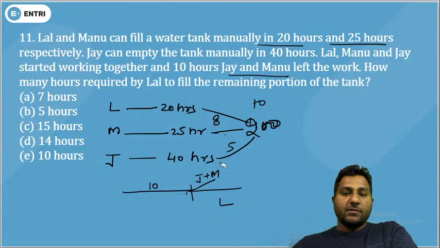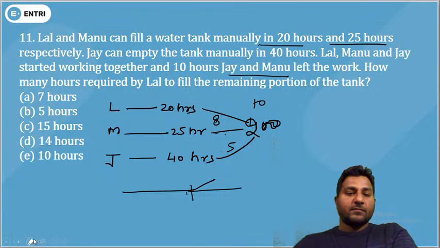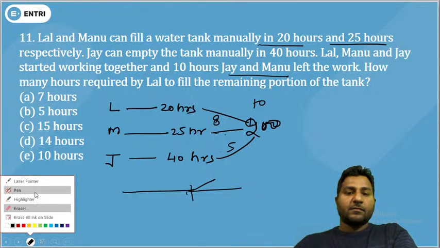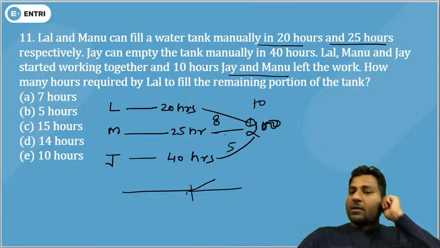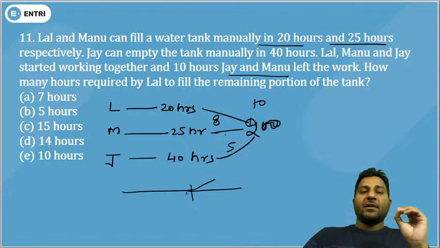Just a minute. Lal, Manu, and Jay started working together. So the efficiency of 20 hours, 25 hours, and 40 hours, okay, will be like, oh, Jay has emptied the tank.